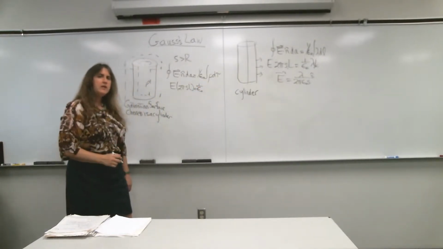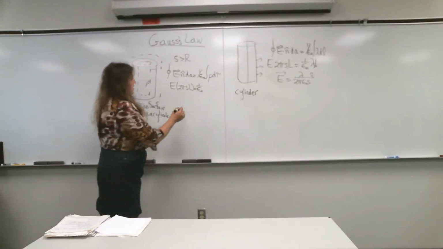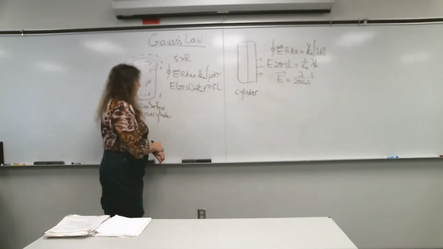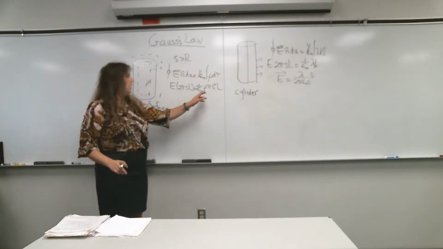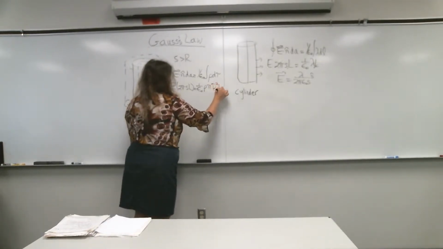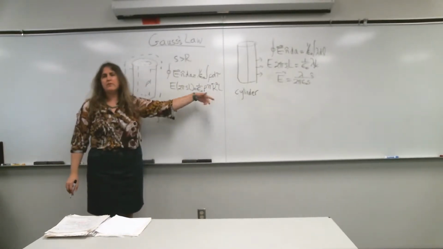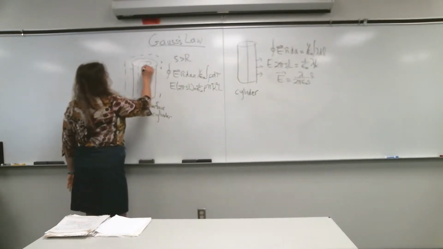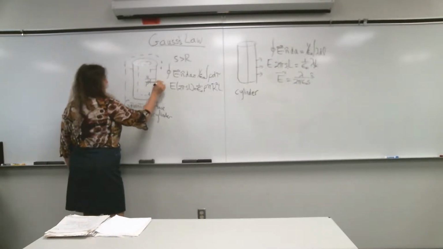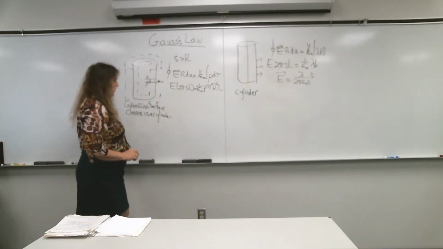On the right-hand side, I can pull the volume charge density out because it's uniformly charged, leaving me with rho pi r squared times L, where r is, again, the radius of the cylinder. It's my radius, and that's the point at which I'm evaluating the electric field.